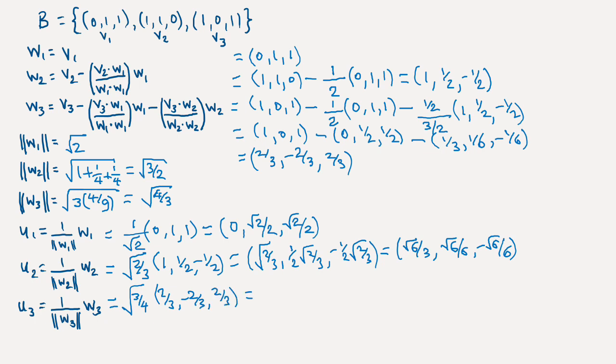And again, let's simplify that. So we'll have 2 thirds of root 3 over 4, and minus 2 thirds root 3 over 4, and 2 thirds root 3 over 4.